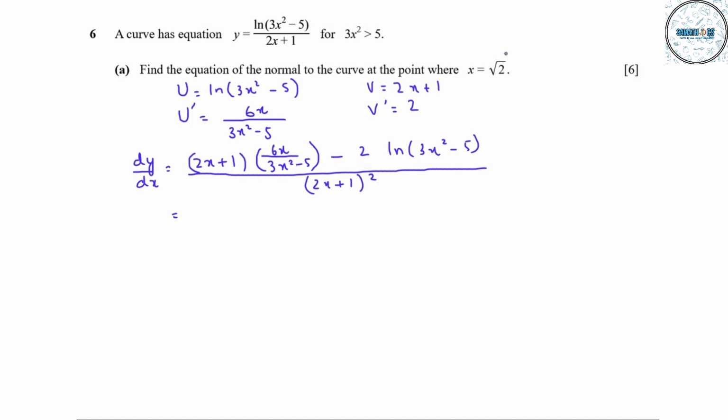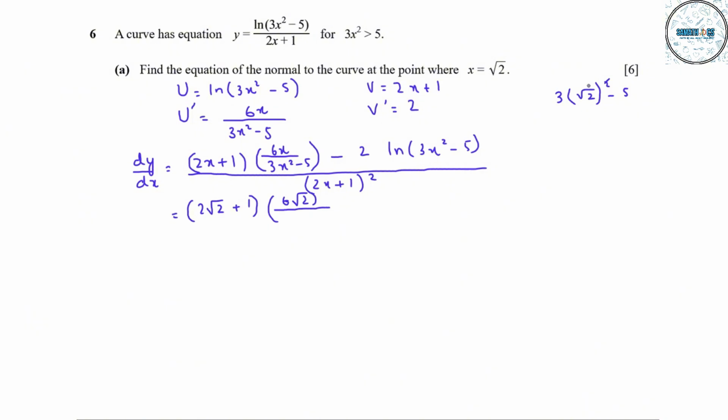We have to find the gradient at x = √2. So in place of x, we will substitute √2. We get (2√2 + 1) into 6√2 divided by, if we substitute here, (√2) whole squared minus 5.